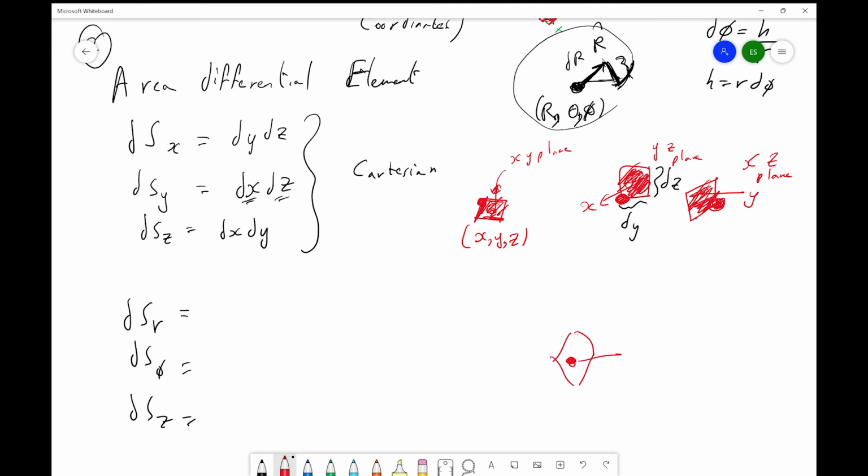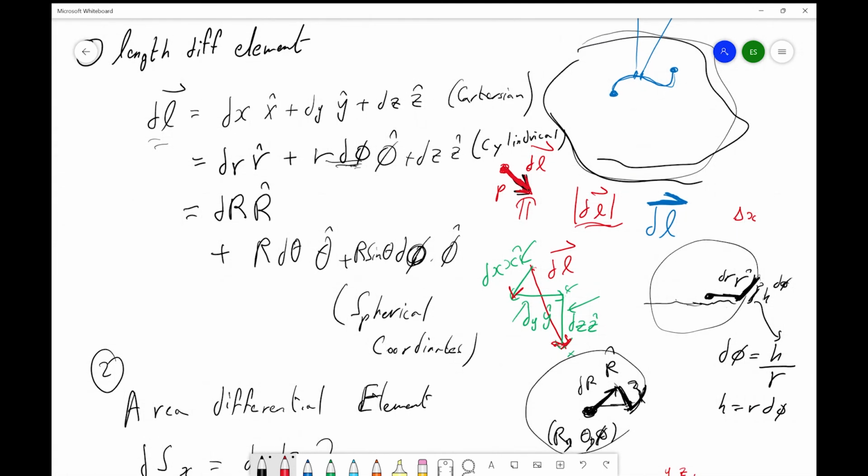So what are the sides of that surface area? The sides are this side, which is r d phi, and this side, which is dz. So this is going to be r d phi dz.